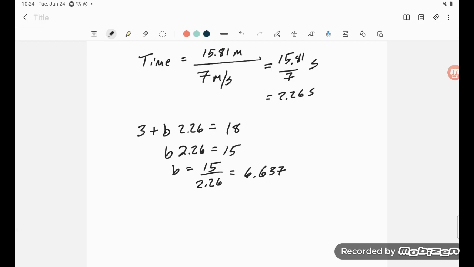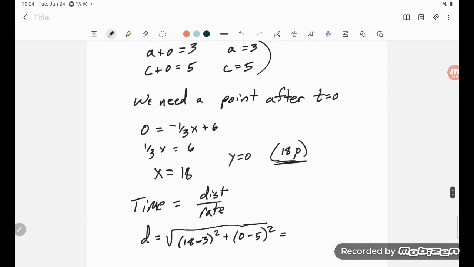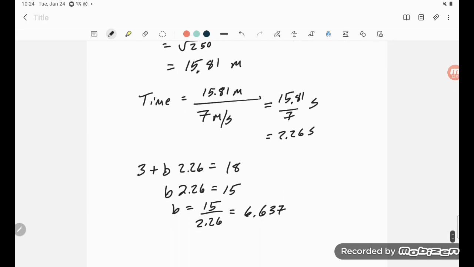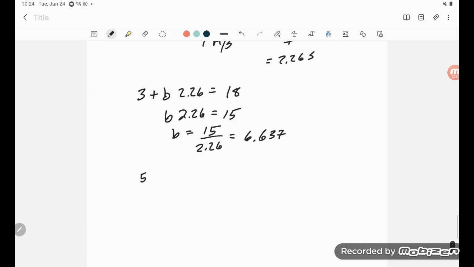And let me look here. We should get the same value of B they got, and they write 6.640. Those are rounding issues. So yeah, we match them on B, and then we have forgotten the 5 for C there. So we had 5 plus D times the same time, 2.26, and we ended up at y equals 0.